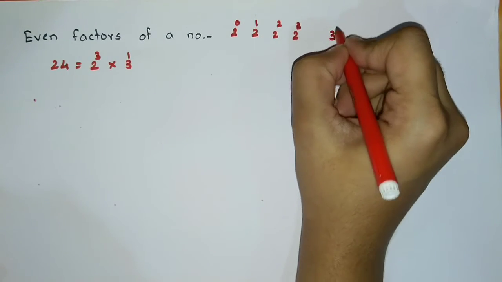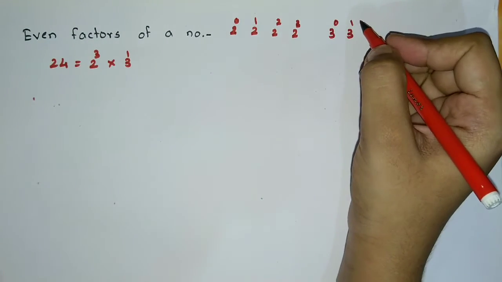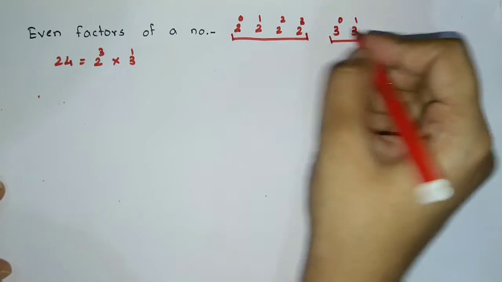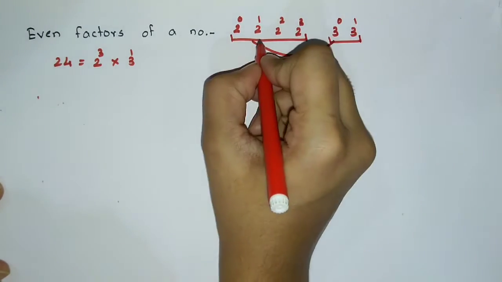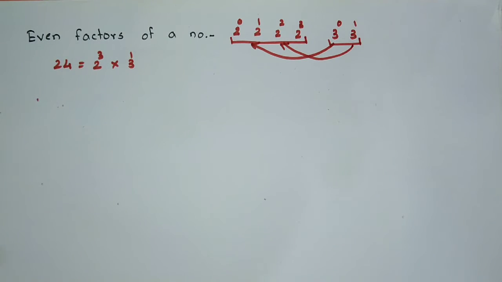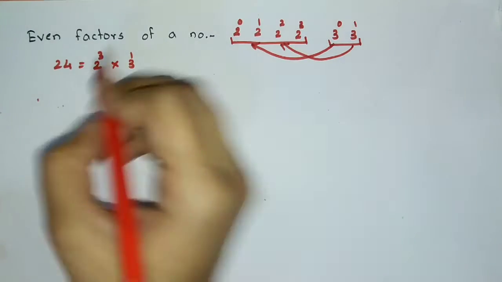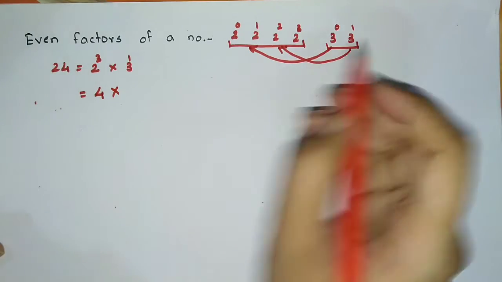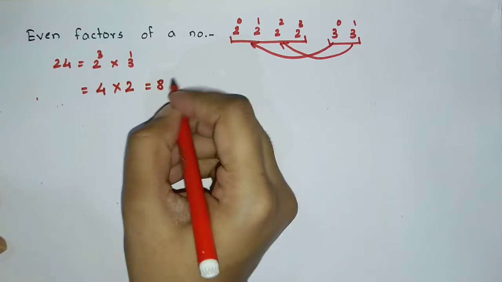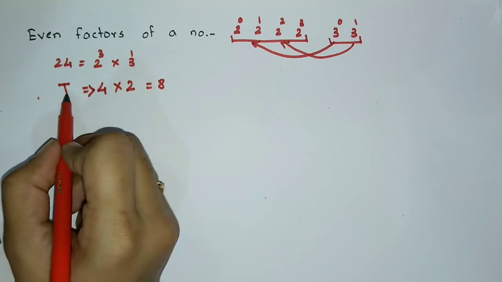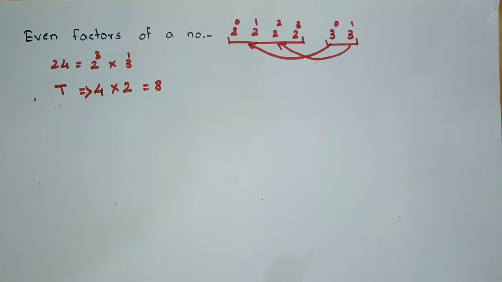And this 3 raised to 1 is nothing but 3 raised to 0 and 3 raised to 1. Here we multiply these 4 numbers by 3 raised to 0 first and then by 3 raised to 1. So we write 1, 2, 3, 4. 4 numbers, and we are multiplying them with 2 numbers. This is 8, which is the total number of factors. I will denote the total number of factors by T.